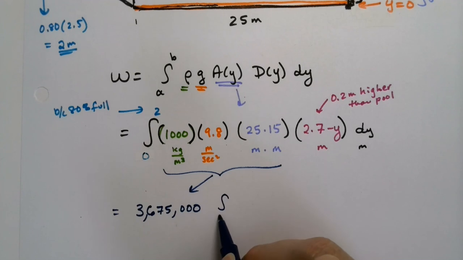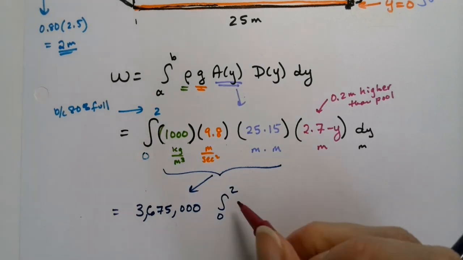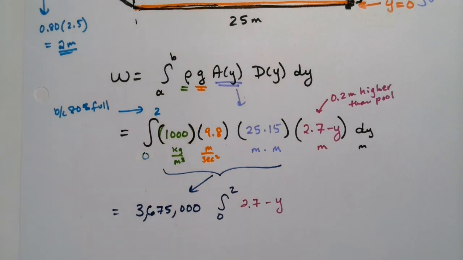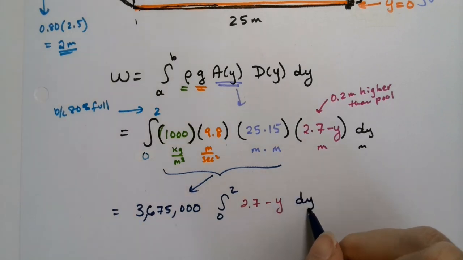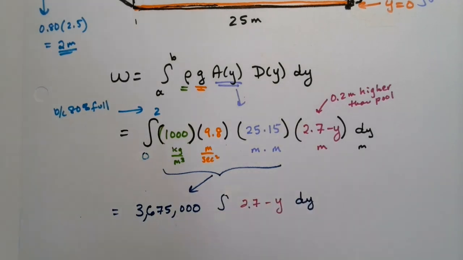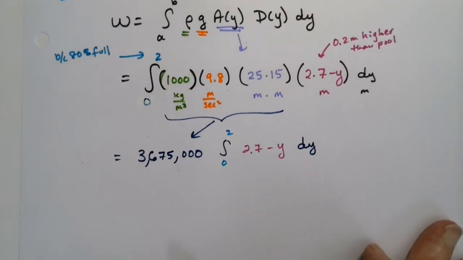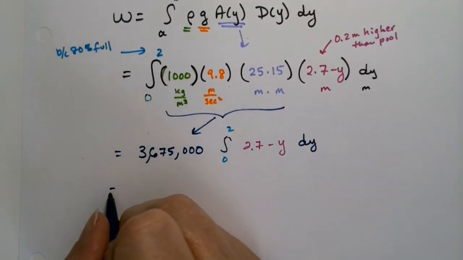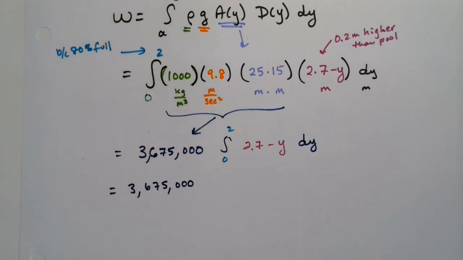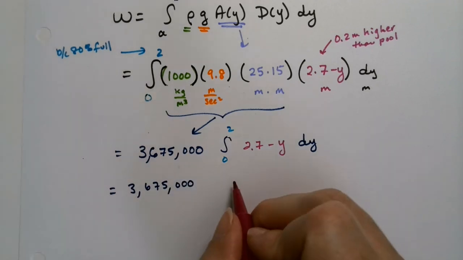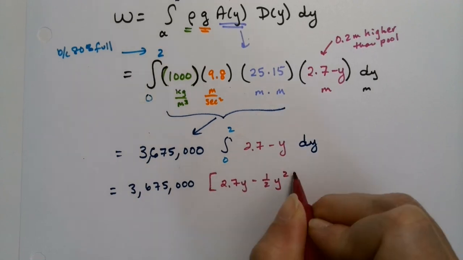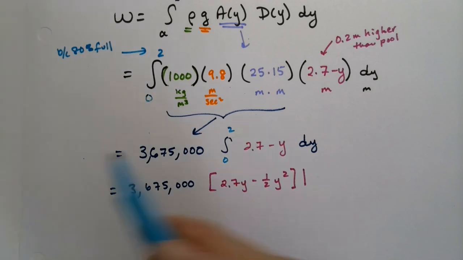So then the integral from 0 to 2 of 2.7 minus y dy. Oh, sorry, I should have done those in that different color blue. Okay, so then that's a really easy integral to do because this is 3,675,000, and that would be 2.7y minus 1/2 y squared from 0 to 2.